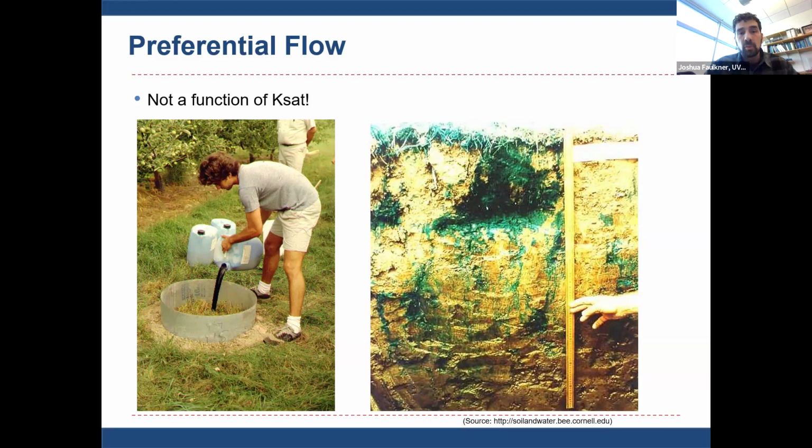But that's not what occurs, especially, and this is key, in a well-structured soil. Well-structured soils are where we typically find preferential flow paths. And you can see these streaks of dye or streaks of water that moved very deep into the soil profile after the water was applied.